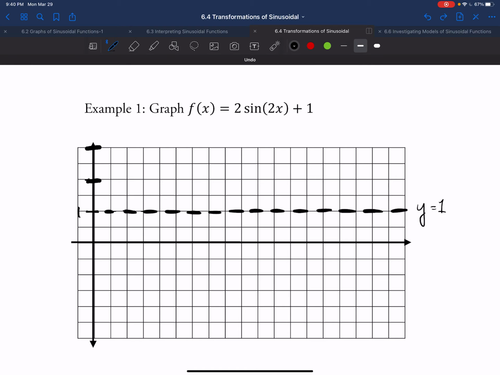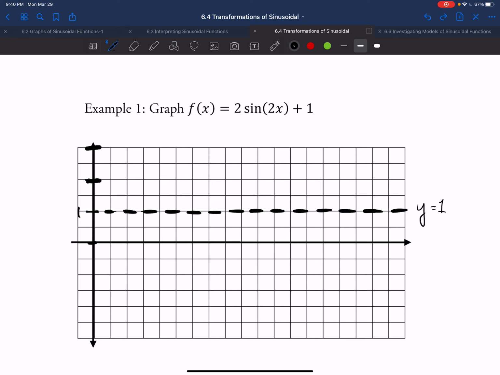So 1, 2, 3, and going down, 0, -1, -2, -3. So I know that my amplitude is 3. It goes up to 3. And my maximum point would be 3, and my lowest point would be -1.